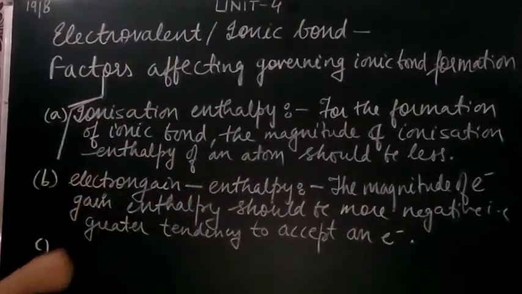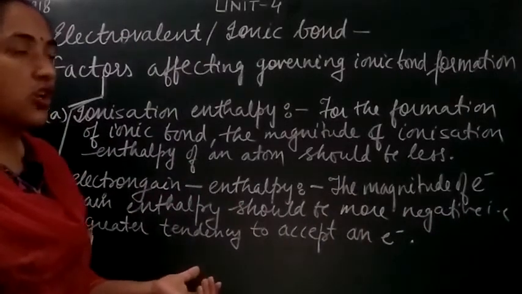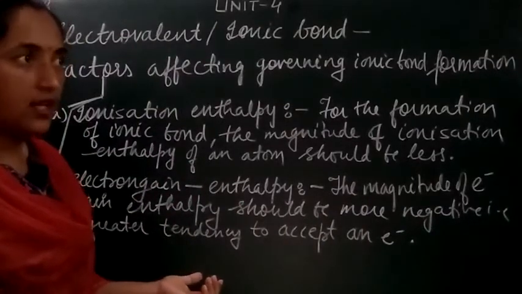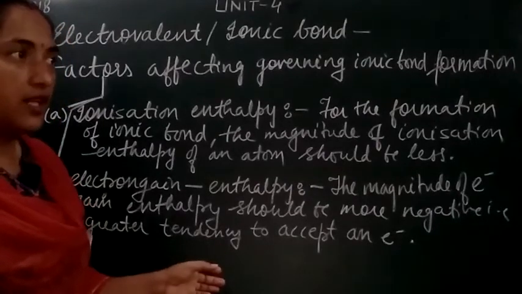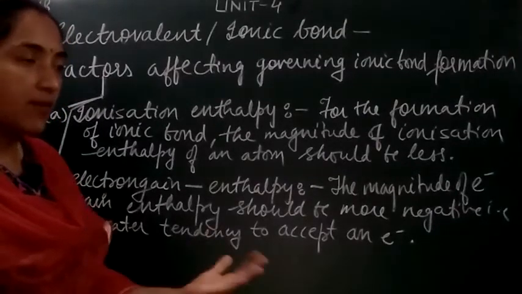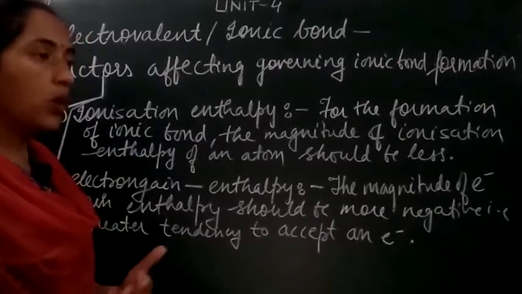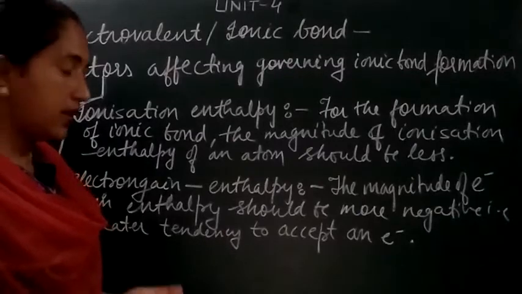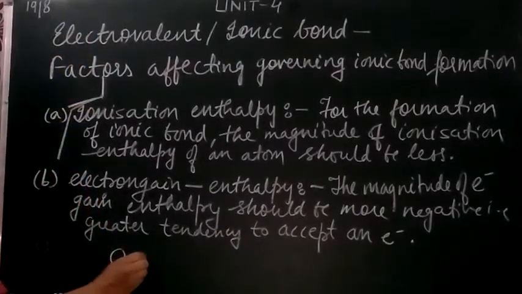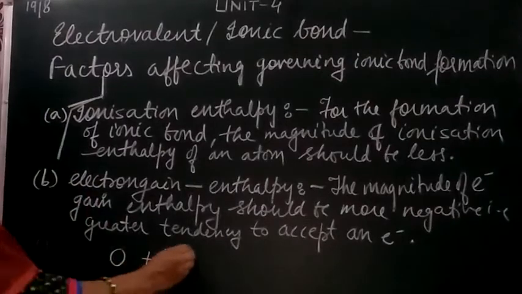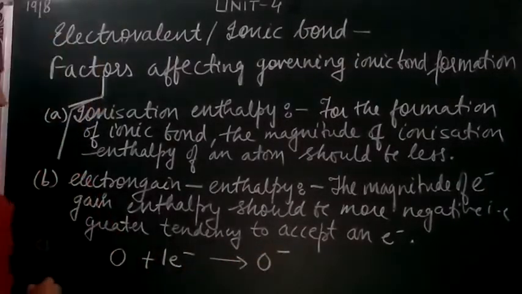Now students, take the formation of an oxide ion. If one oxygen atom accepts an electron, it will form an O negative ion. I'm just writing this case here. O accepts one electron and forms O negative ion.